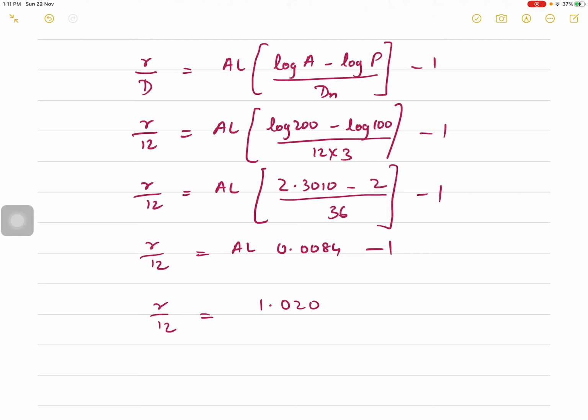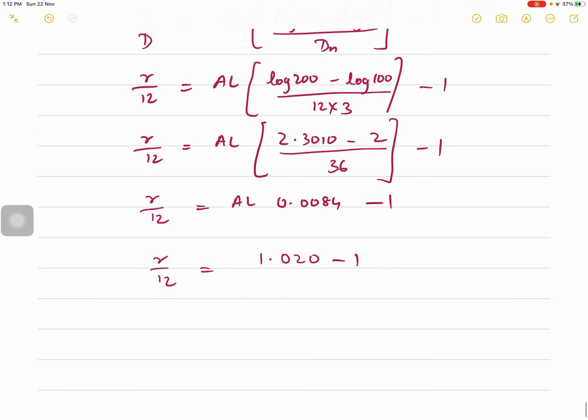So 0.00 row, 8th column, and mean difference of 4, okay. Because the number is 0, so after the first digit you will put a decimal point. How to see the antilog table is explained in one of the previous lectures, okay.